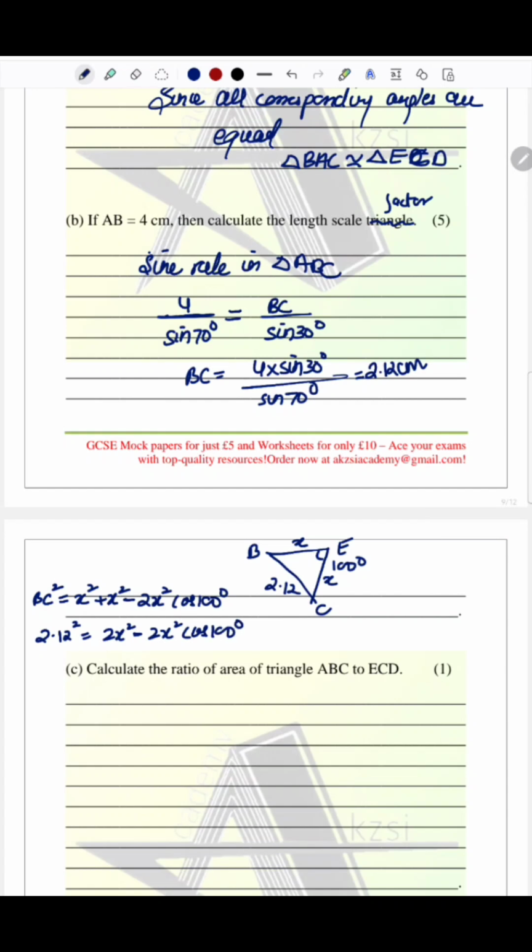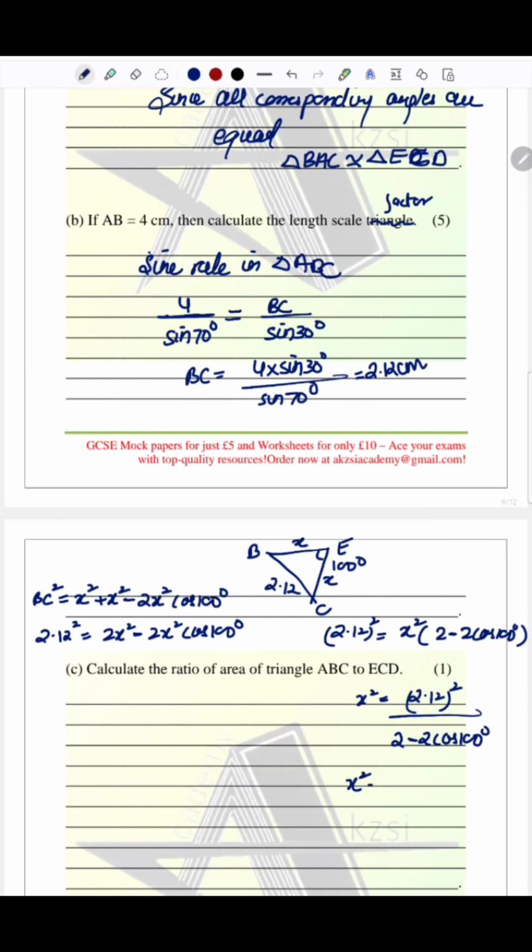From here, we have to calculate x squared. So I can take out x squared as common. So 2.12 whole squared is equal to x squared times 2 minus 2 cos of 100 degrees. So x squared is equal to 2.12 whole squared over 2 minus 2 cos of 100 degrees.